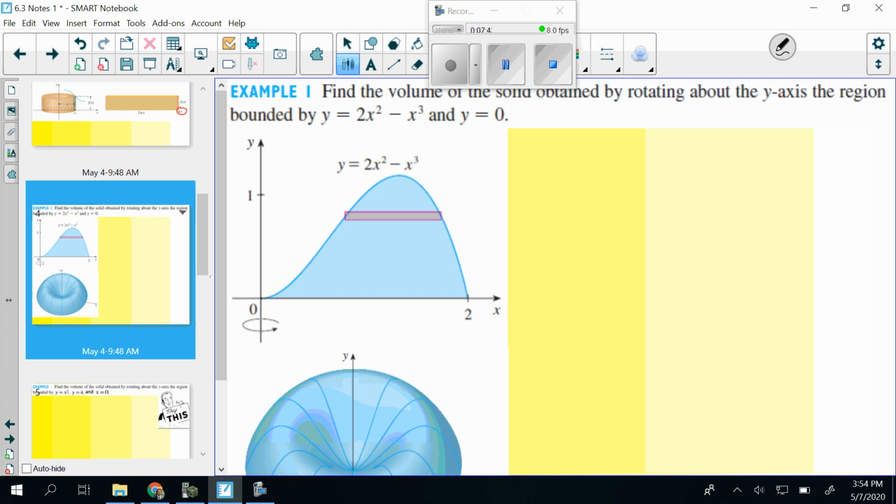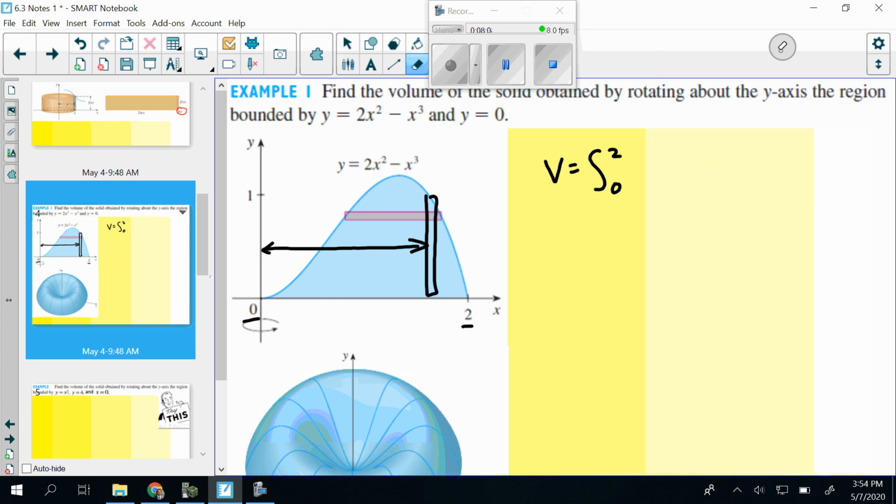So this one wants us to find this volume. First thing, we're going to set up our limits, and it appears on this one that we're going to be integrating from 0 to 2. Next, if we had some kind of representative shape here, the distance from here to here would be x, and so our circumference here is going to be 2 pi x, because that would be our radius.